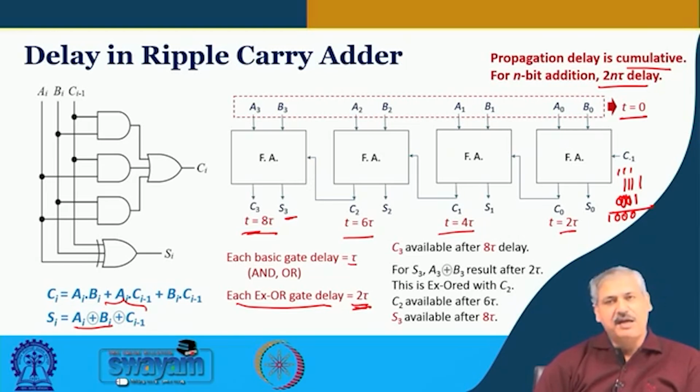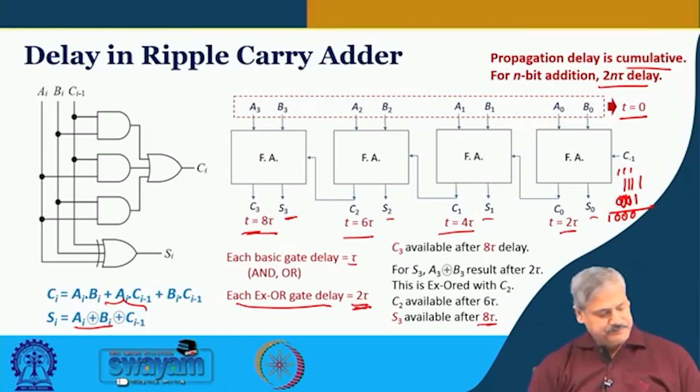So, this 6 tau and 2 tau together, 8 tau, will be the time after which S 3 is also available. Okay. So, that is the maximum time required. Others are available a little earlier. But if you consider it as a whole, this 4-bit addition will require 8 tau amount of time in the maximum case, when carry is there at the endmost point.